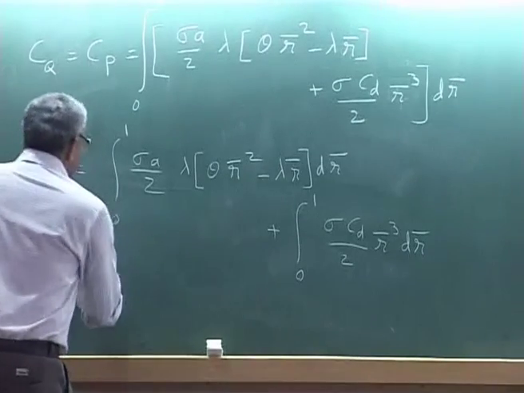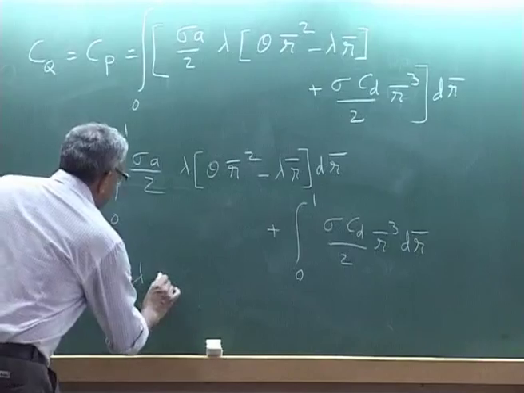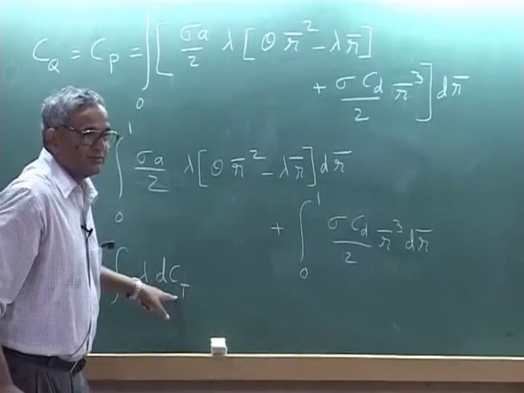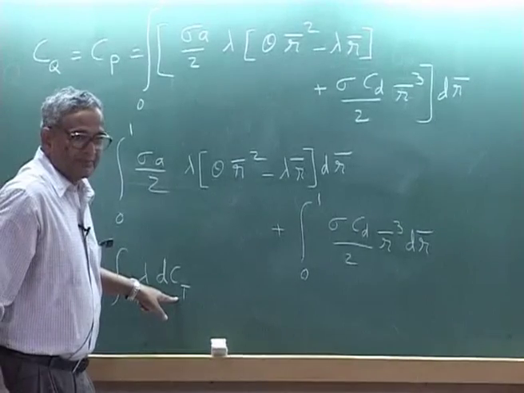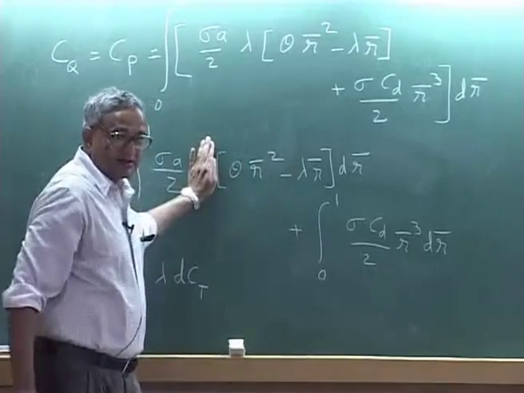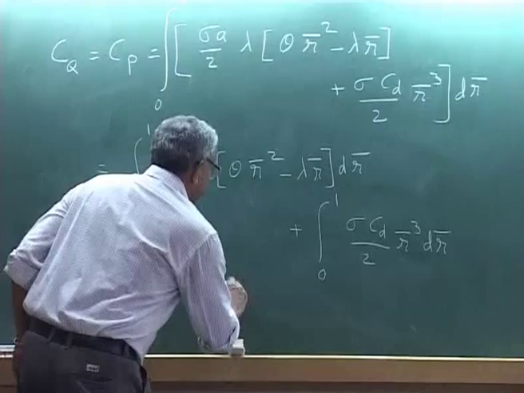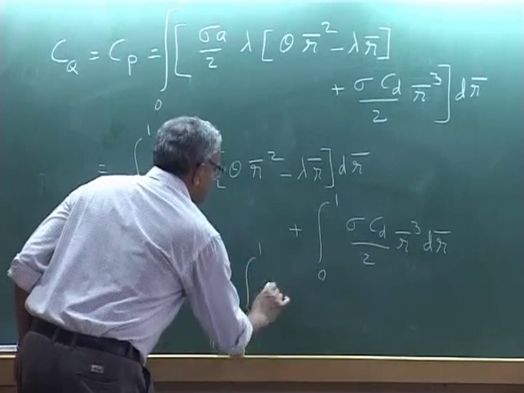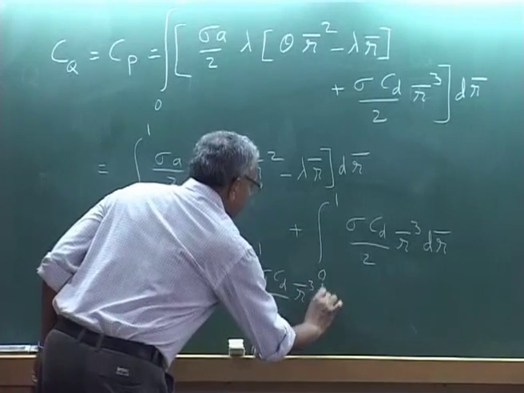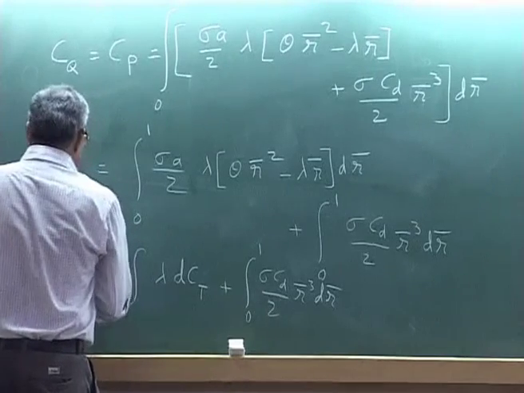So, this term you can write it as simply lambda dCt, because differential of thrust coefficient, because lambda is this. If you look at this term, last class we got, that is the dCt, and this is of course sigma Cd over 2 dr bar. Okay. Now, this is Cp.